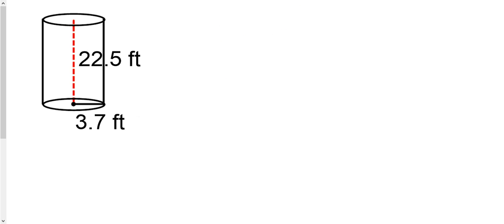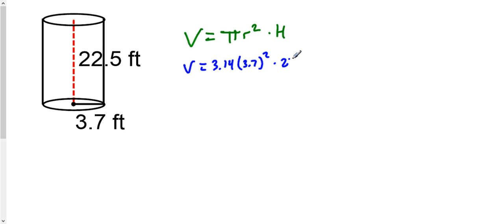I think I got one last one. So we got 3.7 and 2.5 feet. Again, write down our formula we're going to use, pi r squared times the height. 3.14 for pi, 3.7 squared for diameter, 22.5 for height, 3.7 squared times 22.5 times 3.14.